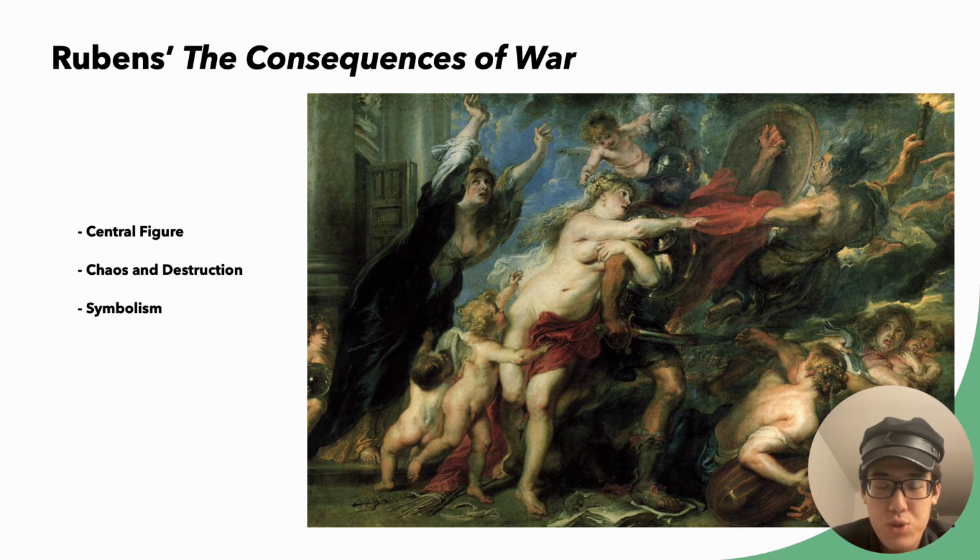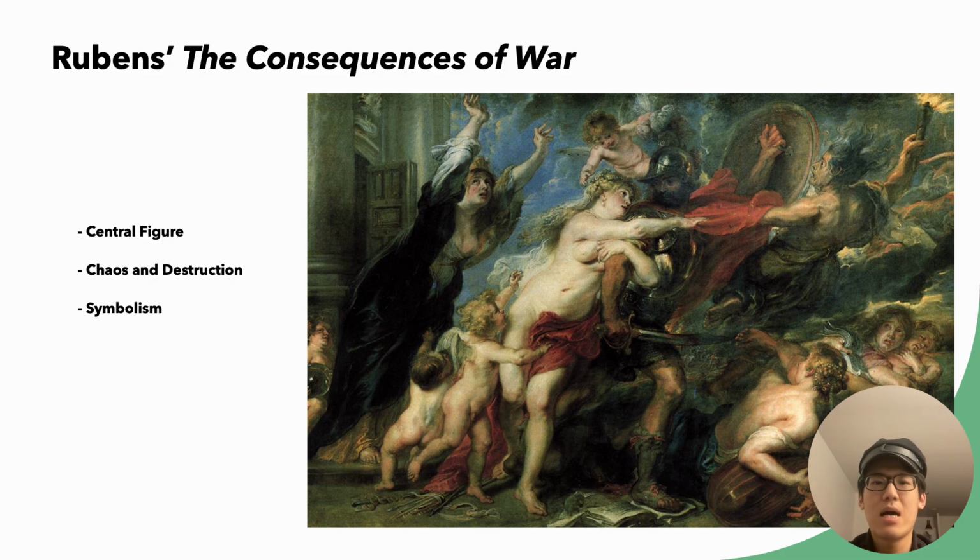This artwork I'm showing is The Consequences of War, and I want to talk about the central figures first. The central figure is Mars, the god of war, who strides forward with a blood-stained sword and shield. He is dragged with fury, while Venus, the goddess of love, tries to hold him back but fails.